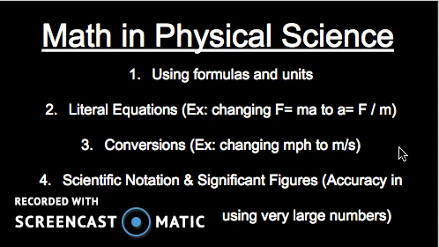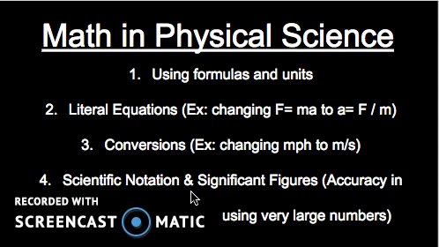And there's a way that seems easy when you are just working with the metric system, but once you start getting out of the metric system or you start using two different values, that's when it gets a little hard. So these conversions will be talked about in this particular video, and I hope this will be a very helpful video for you. Scientific notation and significant figures will be the last one.